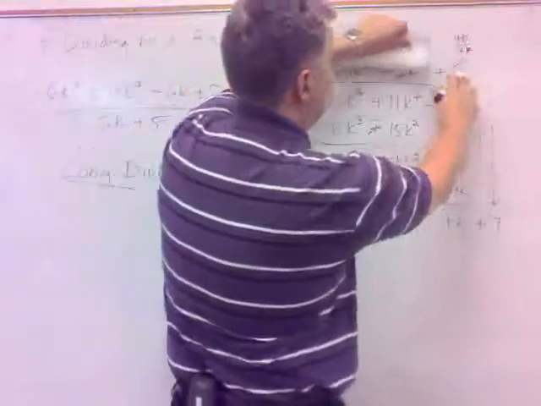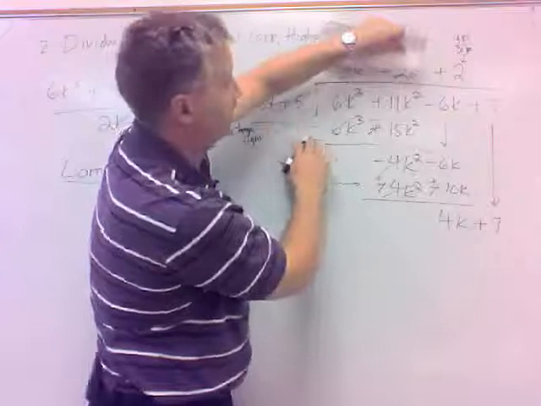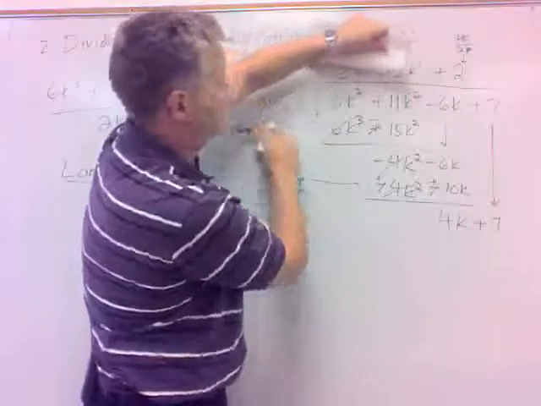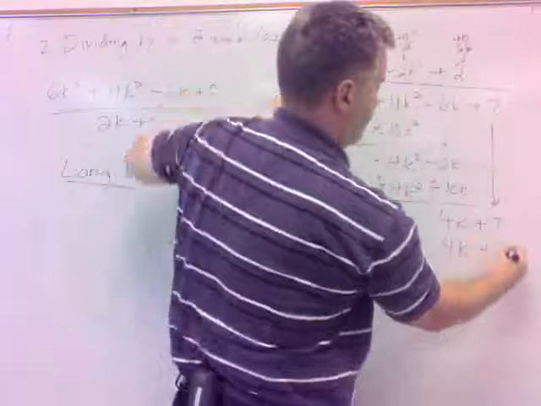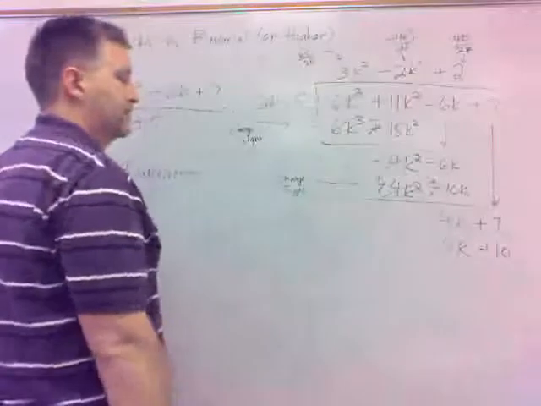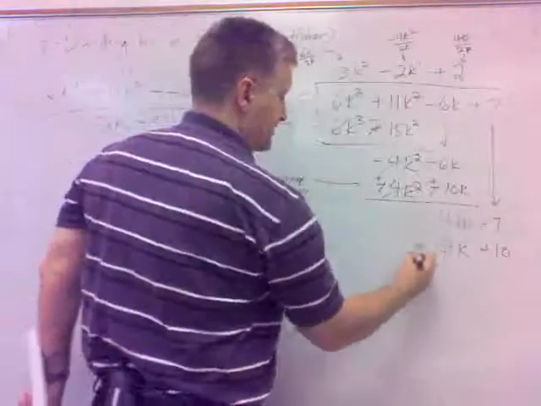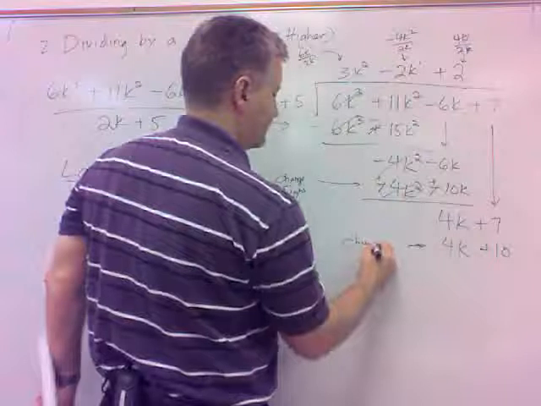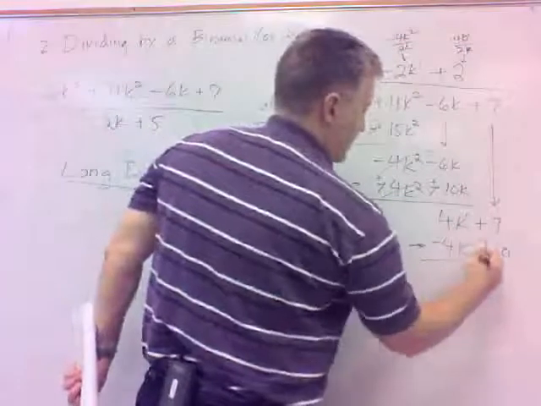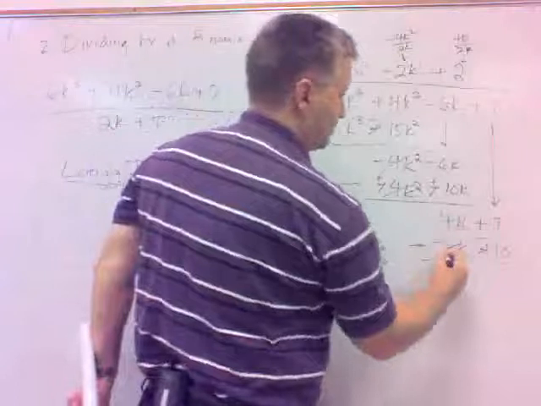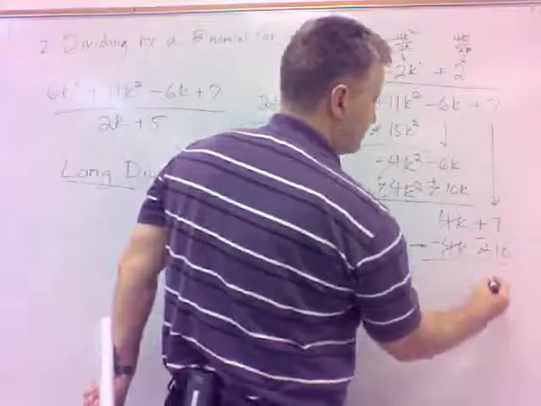Take the 2 and multiply it by your divisor. 2 times 2k is 4k, and 2 times 5 is positive 10. And change the signs, so that makes a minus and a minus. 4k minus 4k is 0. 7 minus 10 is negative 3.